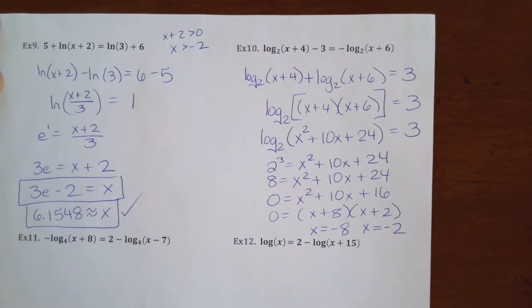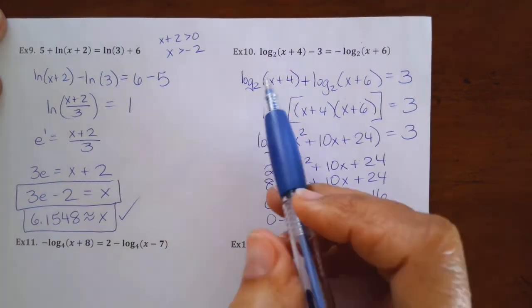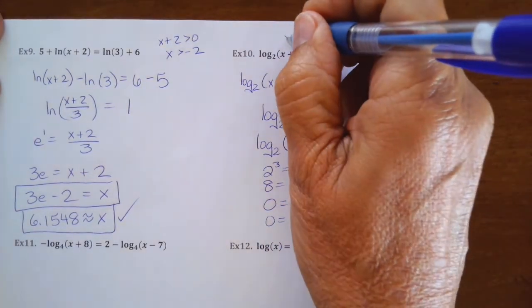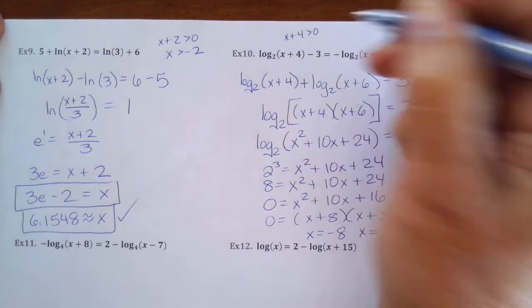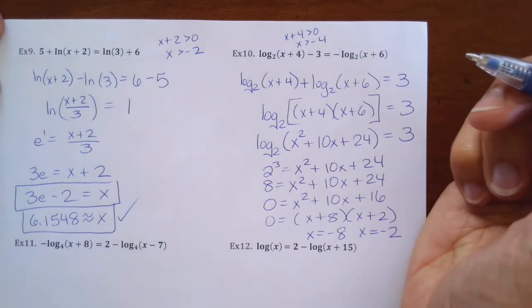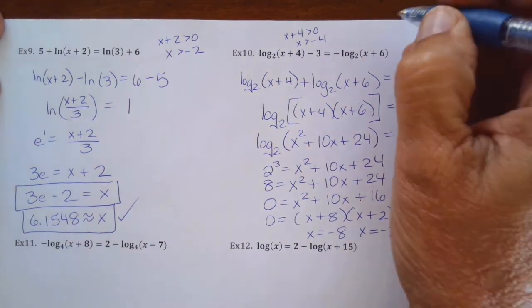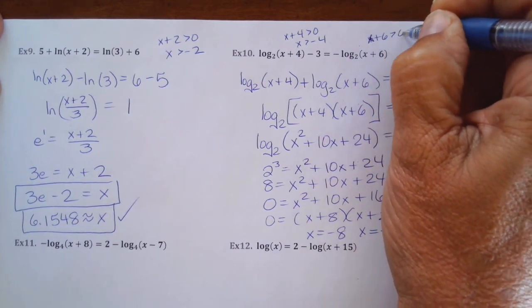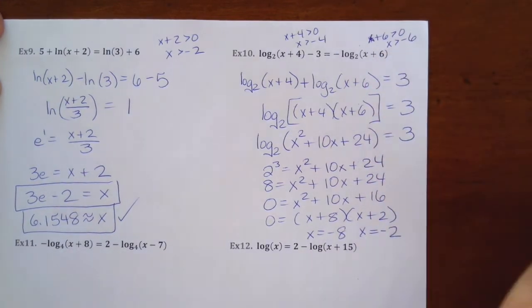Now if you look at number 10, I've got 2 terms with x in it. If I was finding the domain, I would set x plus 4 greater than 0, and I'd get x is greater than -4. But I also have x plus 6 has to be greater than 0, so x has to be greater than -6.